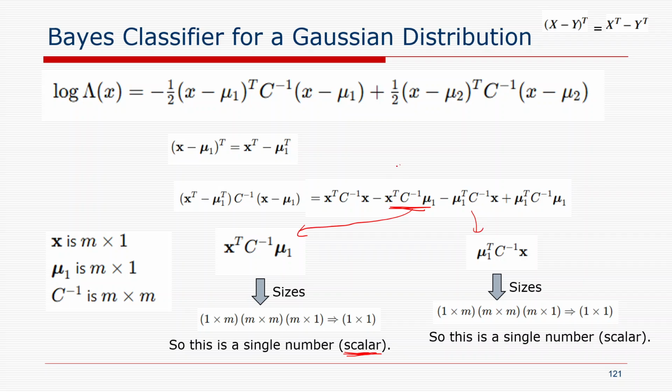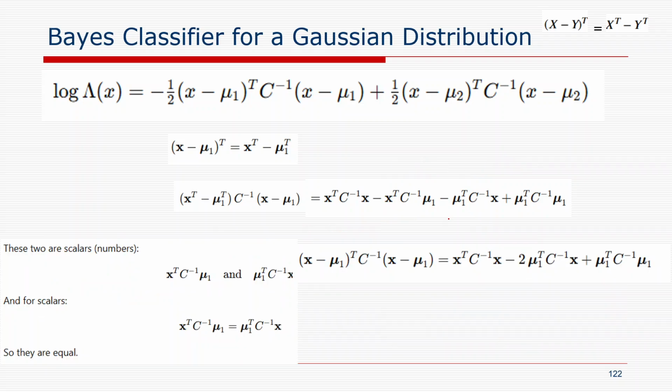That is, both these terms will result in one number value. Therefore, what we will do is equate those two terms as one single term, because x transpose C inverse mu1 and mu1 transpose C inverse x are both going to result in a scalar.